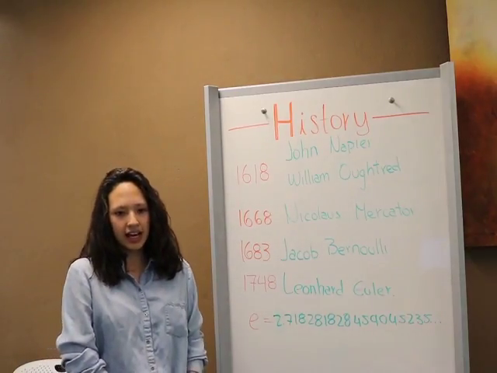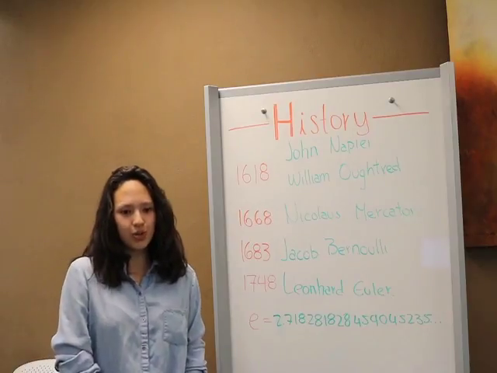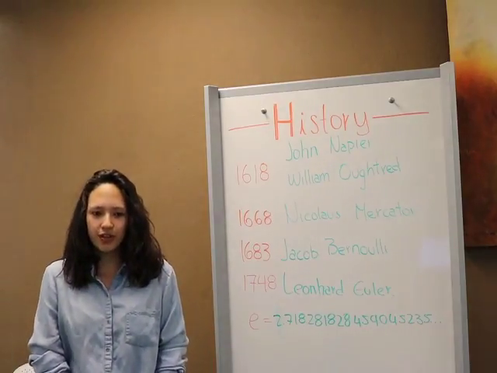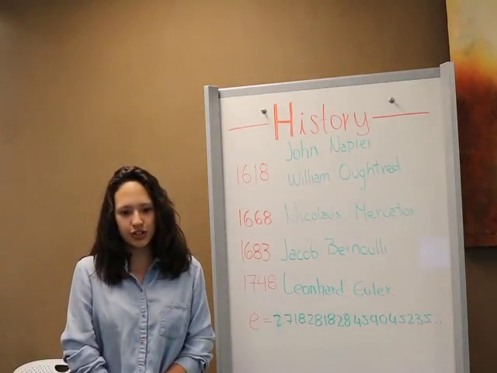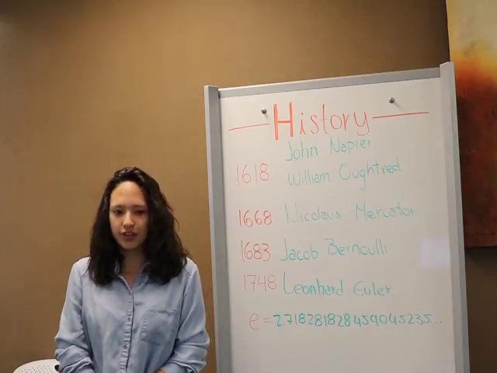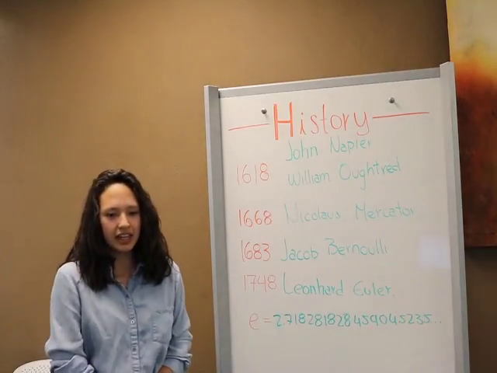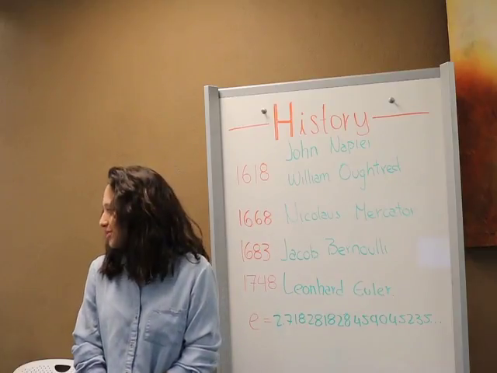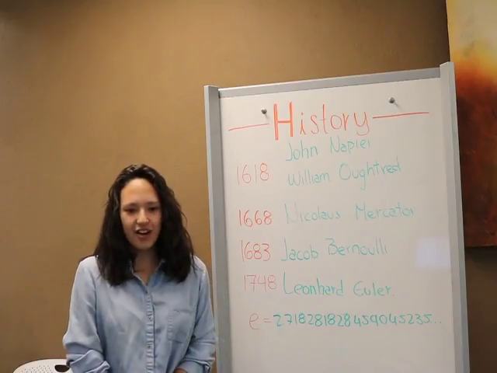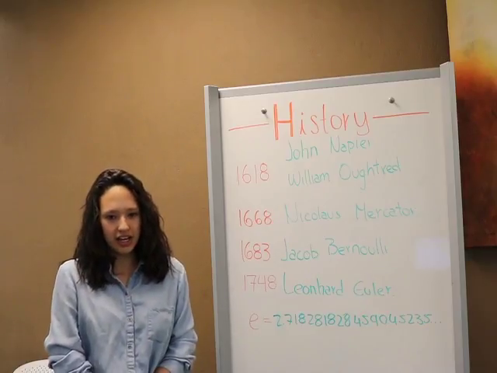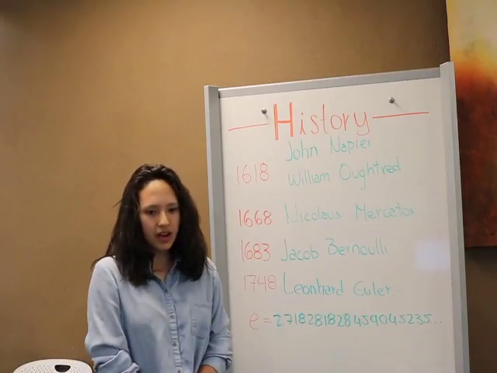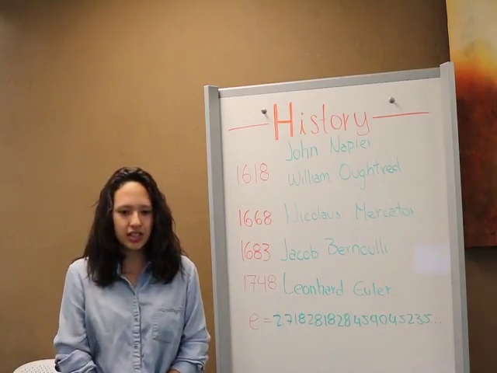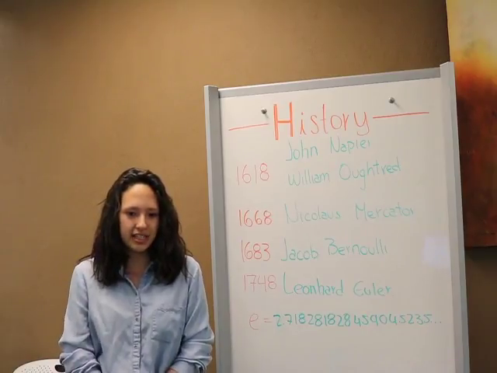He showed that E equals 1 plus 1 over 1 factorial plus 1 over 2 factorial plus 1 over 3 factorial and so on. He also proved that E is the limit of 1 plus 1 over n to the power of n as n tends to infinity. Euler approximated E to 18 decimal places.